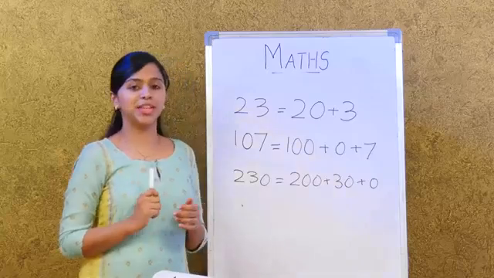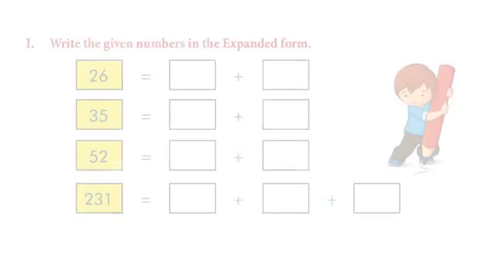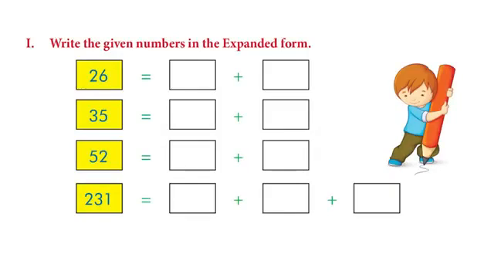Now let's go into the activity that's given in our book. In page number 62, the first one is 26. So 20 plus 6 is 26. That is the expanded form. Now the next one. Can you tell me what is the expanded form of 35? 30 plus 5.